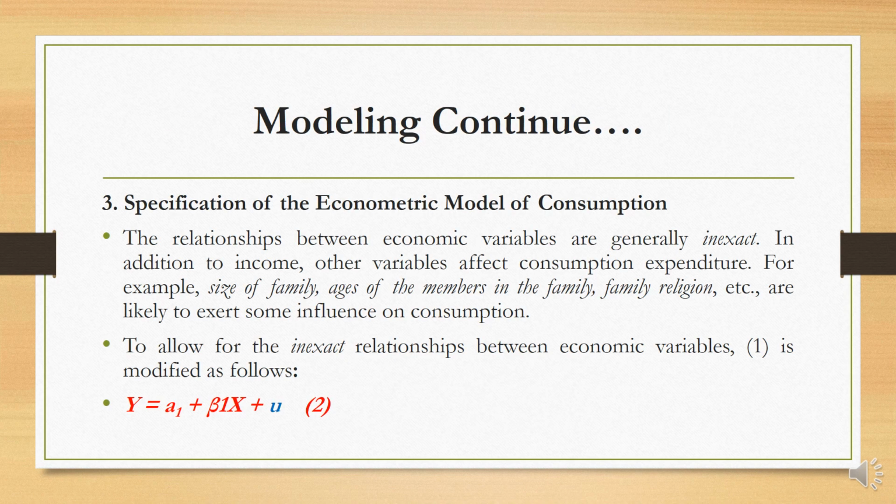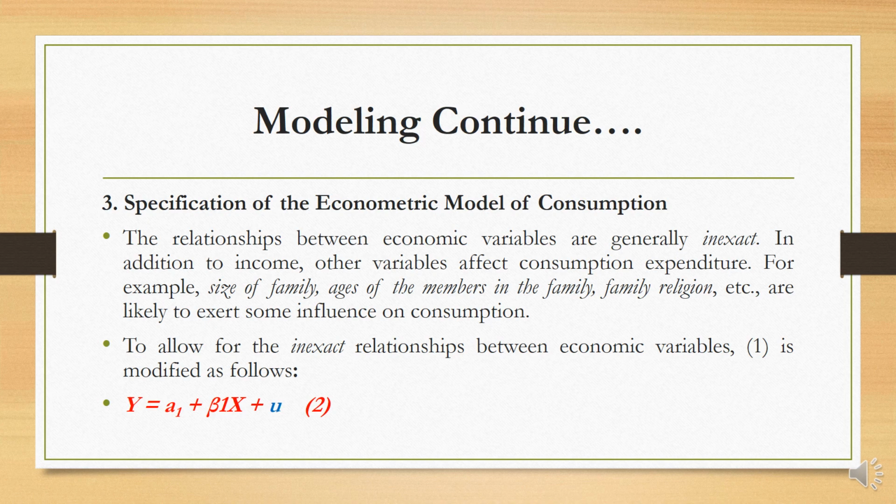Number 3, the specification of the econometric model of consumption. The relationship between economic variables is generally inexact. In addition to income, other variables affect consumption expenditure as well. For example, size of family, age of the members in the family, family origin, etc. are likely to exert some influence on consumption.